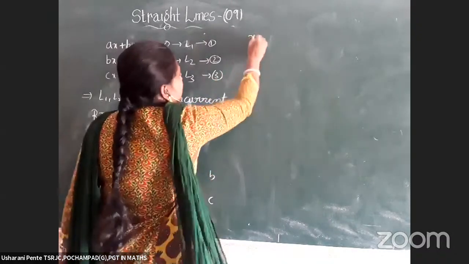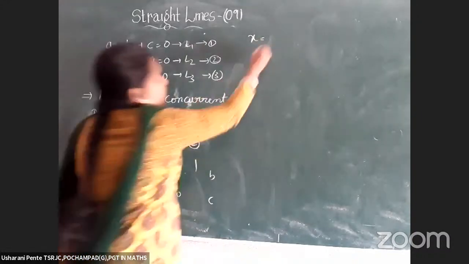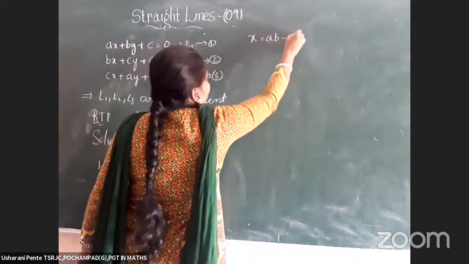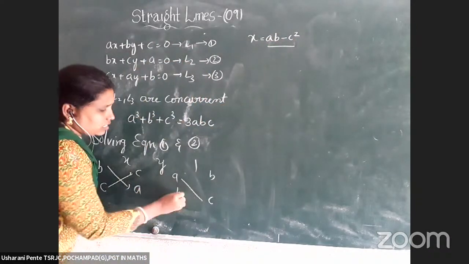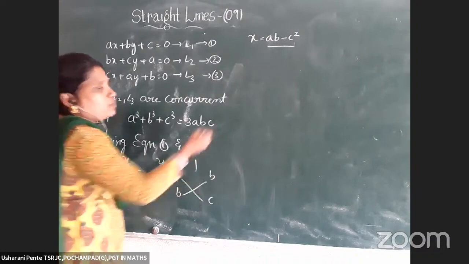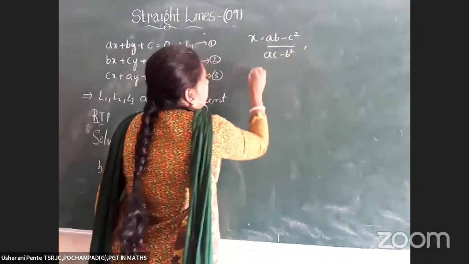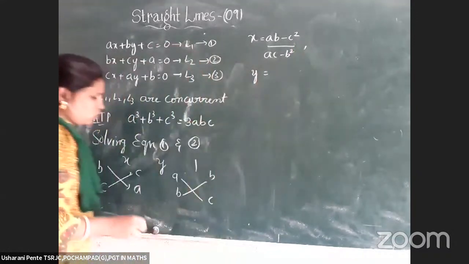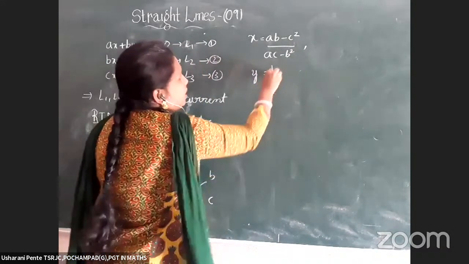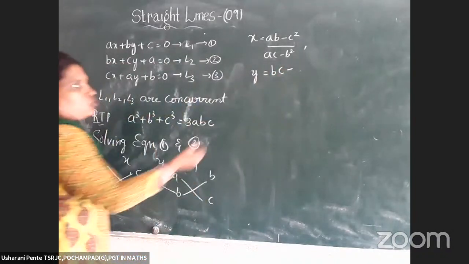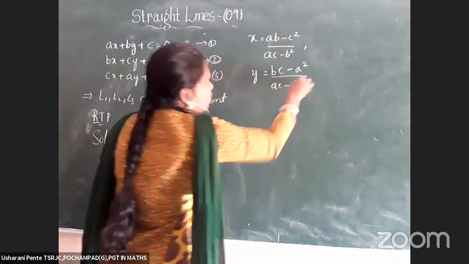Then x is equal to how much? This into this minus this into this, that is AB minus C square, by AC minus B square. And y is equal to BC minus A into A, which is A square, by AC minus B square.